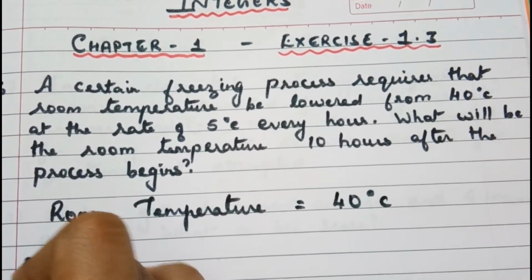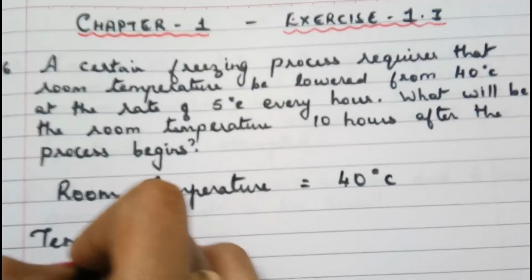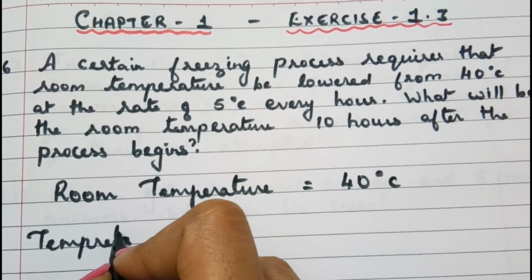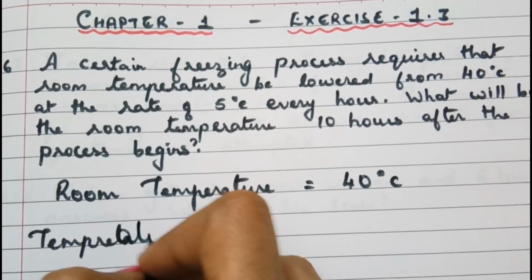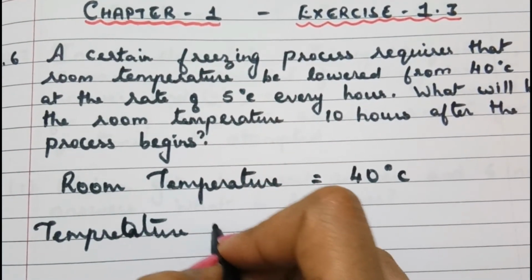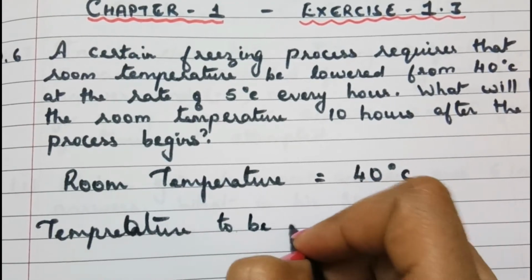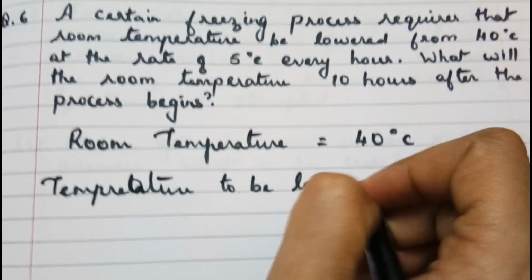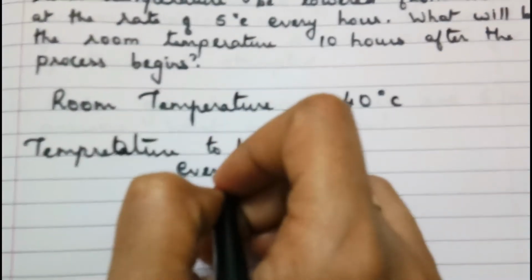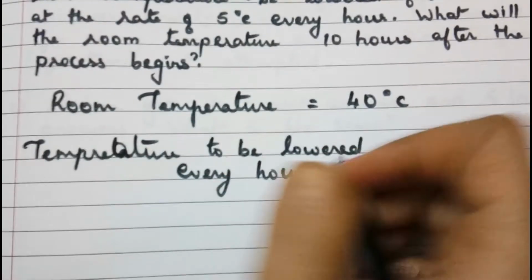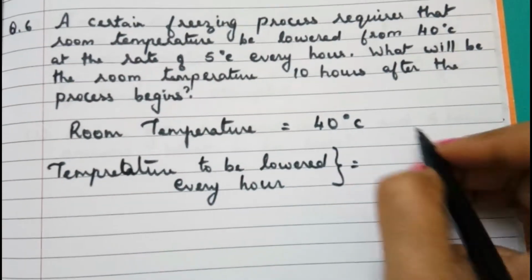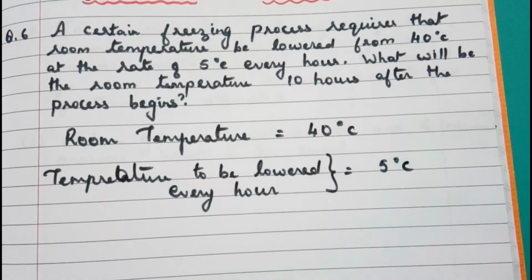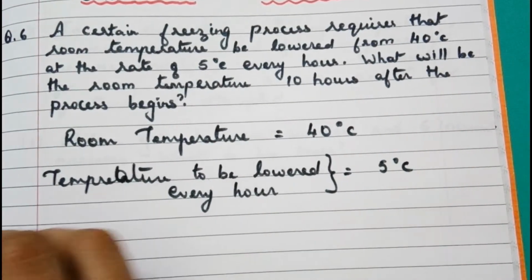So what would be the statement for this? Temperature to be lowered every hour is equal to 5 degrees Celsius.